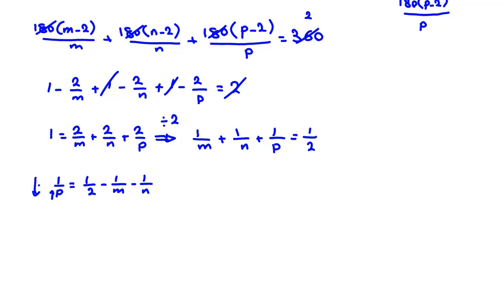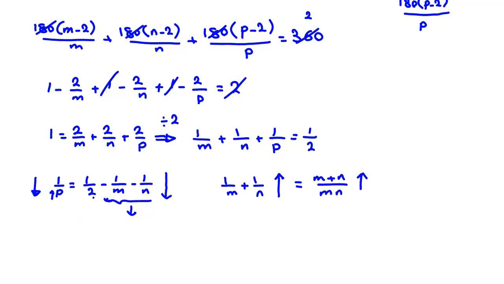So when we want the maximum of p, we want the minimum of 1 over p, so the minimum of this right-hand side part. 1/2 is constant, but because we have a negative, if we consider 1 over m plus 1 over n, we should find the maximum of this, okay? And it should also satisfy this part. So we should find the maximum of m plus n over mn.